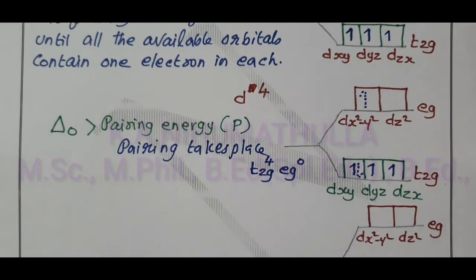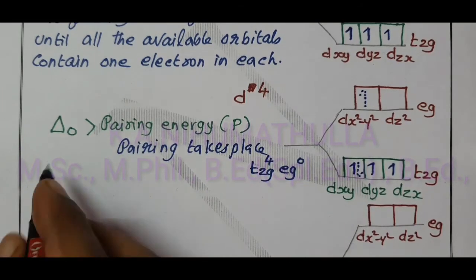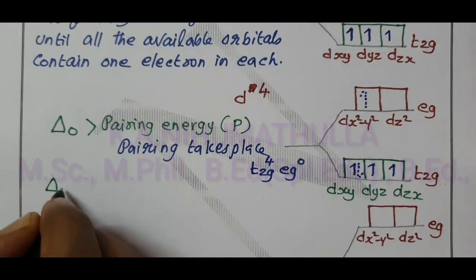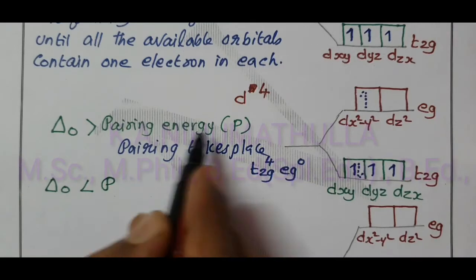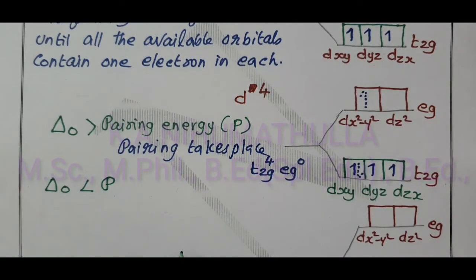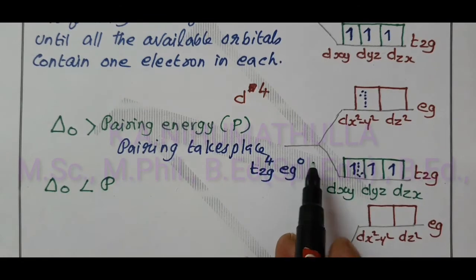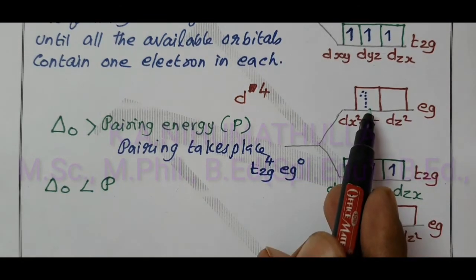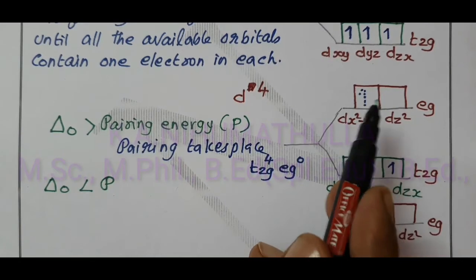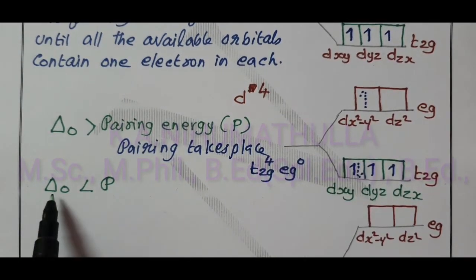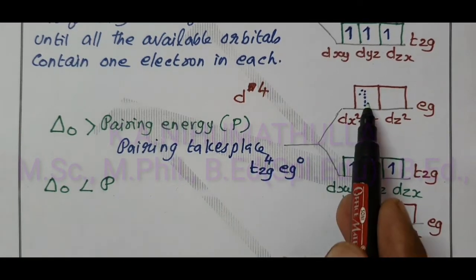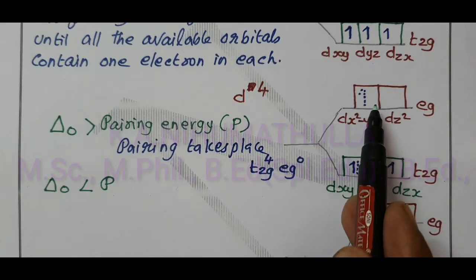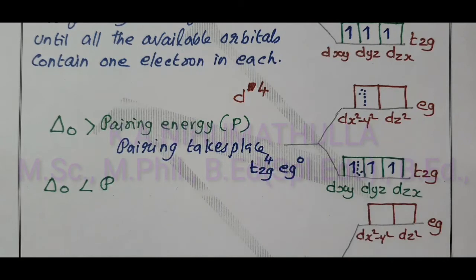Conversely, when you change this condition: if the octahedral crystal field splitting energy Δo is less than the pairing energy P, then the fourth electron occupies one of the degenerate higher energy eg orbitals.